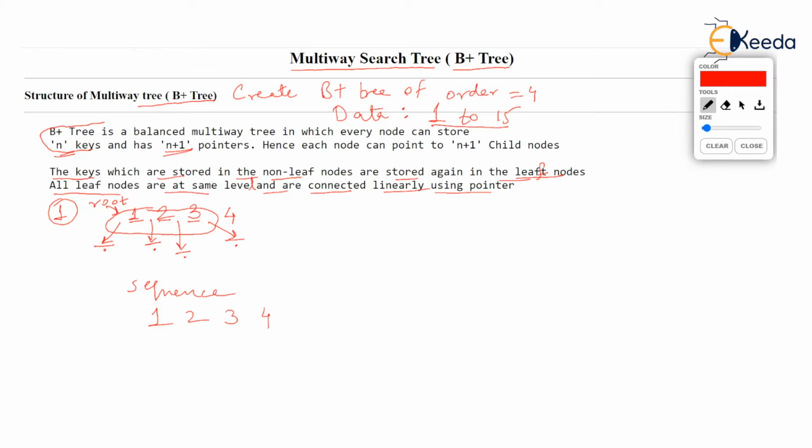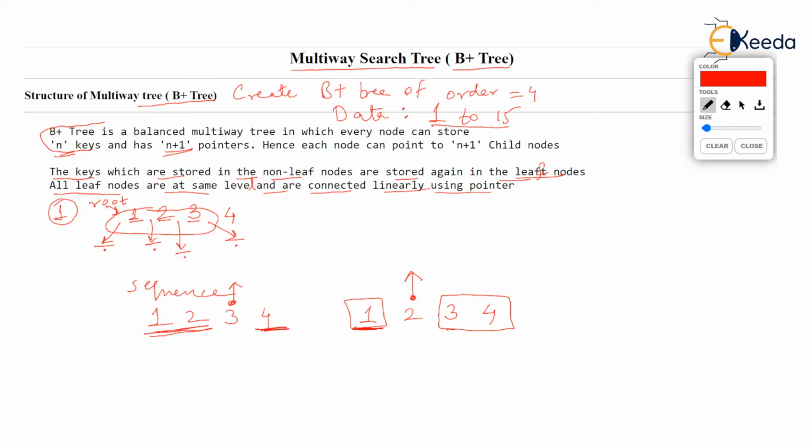What we can do is we can say 1 and 2 is the left half, and 4 is the right half. Then 3 will be the median, and 3 will be sent up to the parent. This is one choice. Otherwise, a programmer can say that 1 will be the left half, and 3, 4 is the right half, and instead of 3, we are appointing 2 as the median.